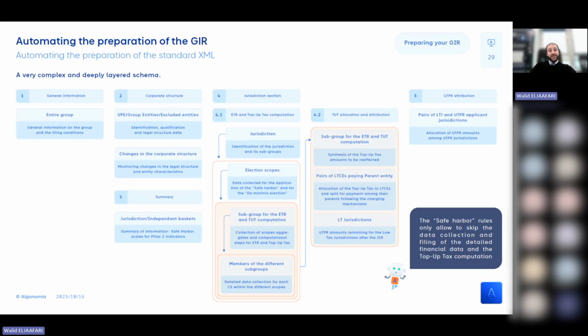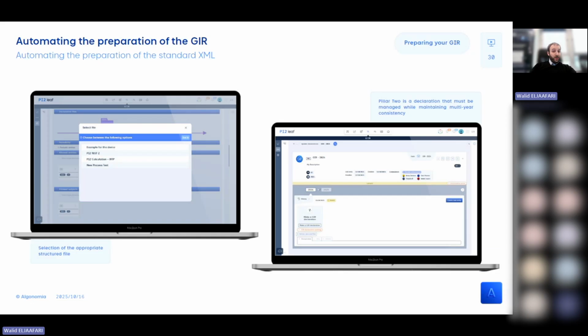And this XML, I will open a mock XML file for you a bit later. It's quite long and can be quite cumbersome to analyze manually, and this is why we have built a visual interface for you to be able to generate it and read it. So in our structure, what is really interesting is that you can build several computations and compare them.